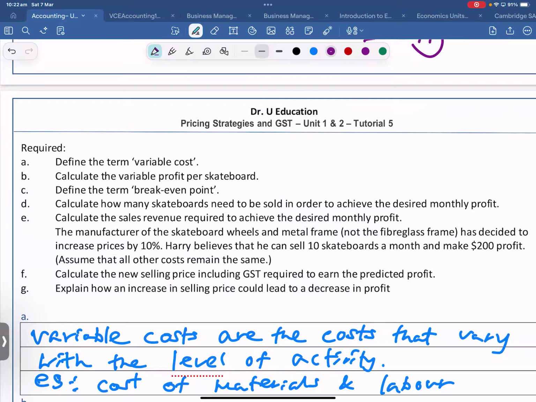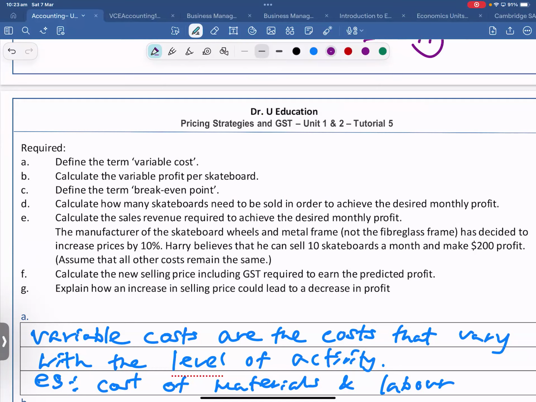Is it 11 times? Yes, but sales revenue to achieve the desired monthly profit. Is it 170? No. So 11 is the quantity, yes? You multiply by what? Your selling price. What's the selling price?